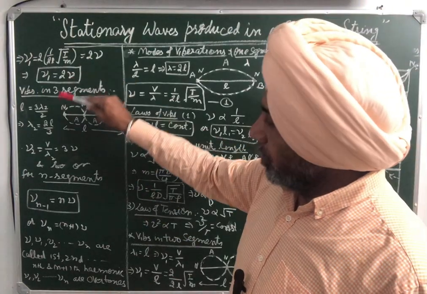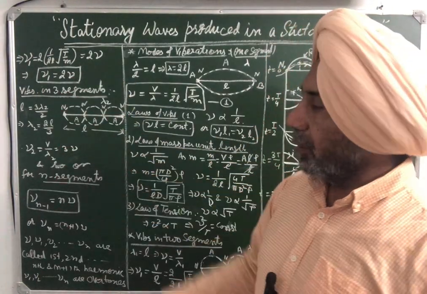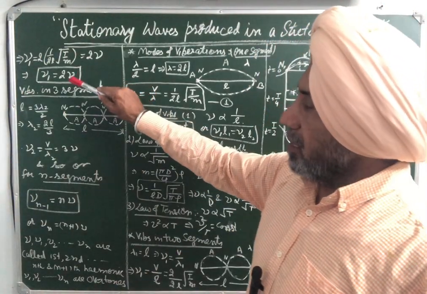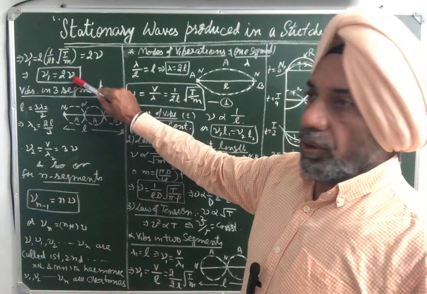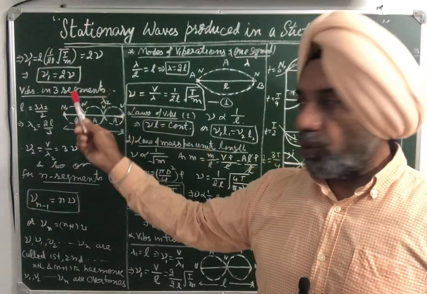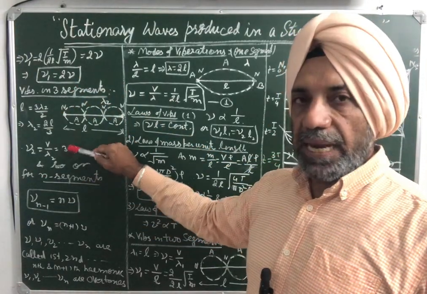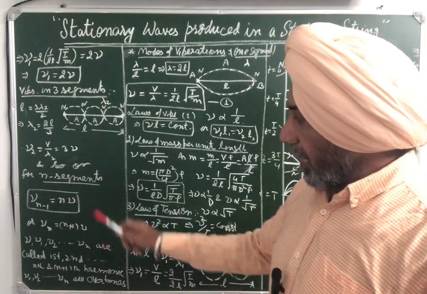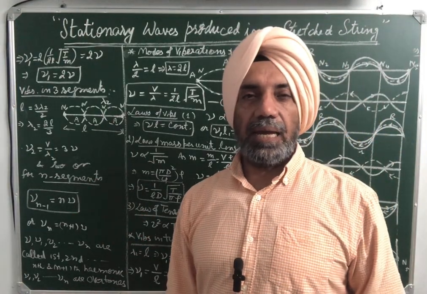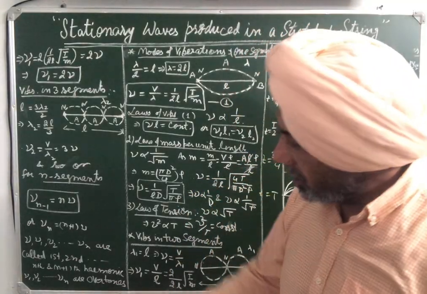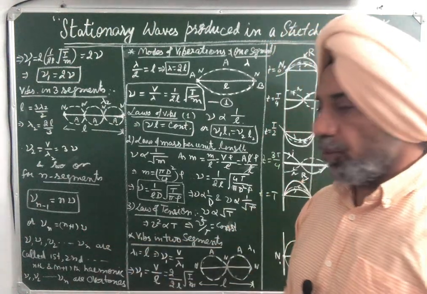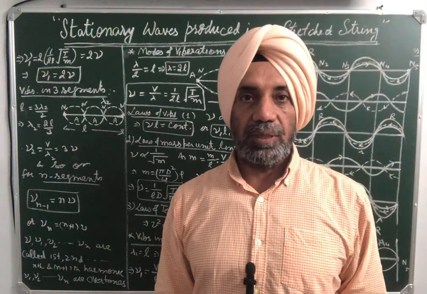These nu 1, nu 2, nu 3 are called overtones. It means the second harmonic is the first overtone, the third harmonic is the second overtone, and the nth harmonic is the n minus 1th overtone. And the n plus 1th harmonic is the nth overtone.